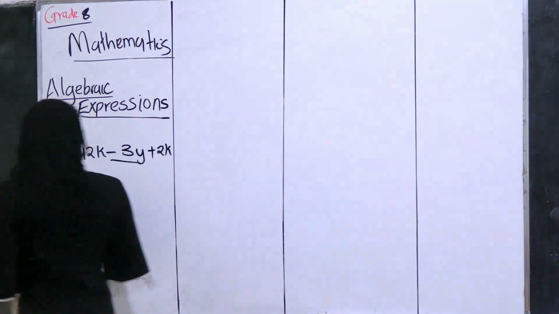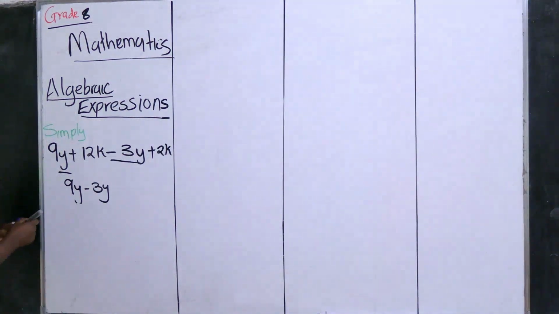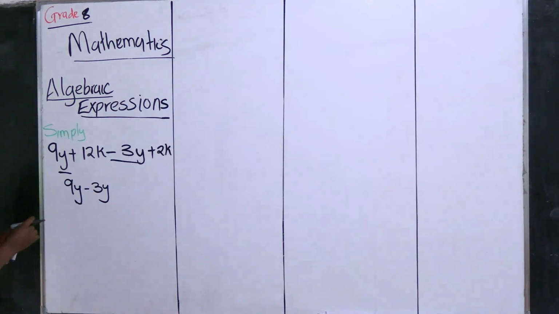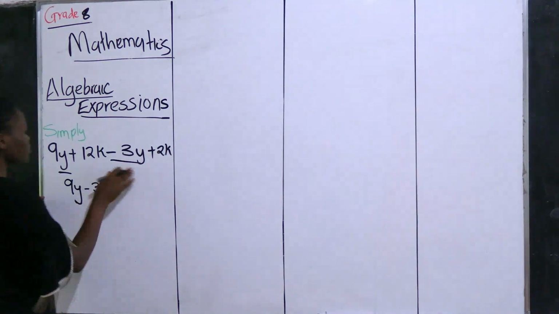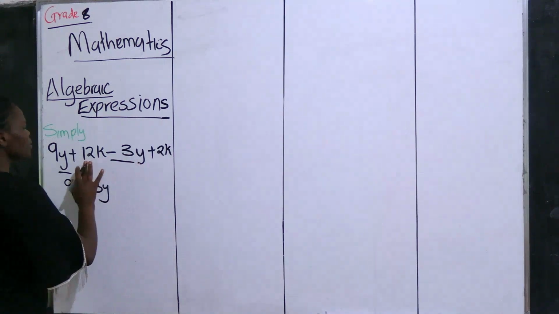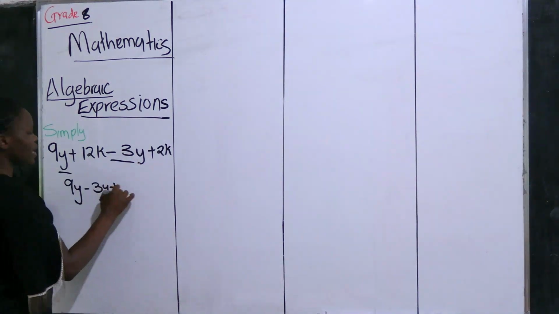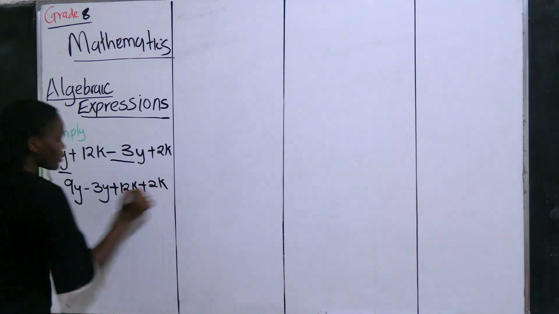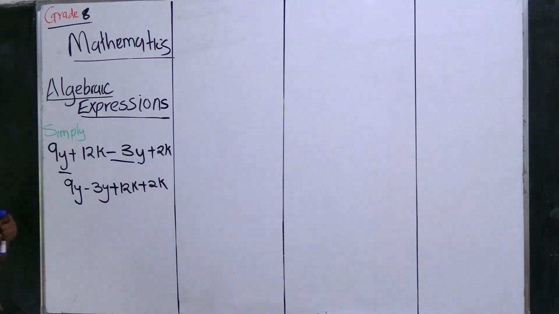So we have 9y minus 3y, and then moving to k, plus 12k plus 2k. So that is the first step.